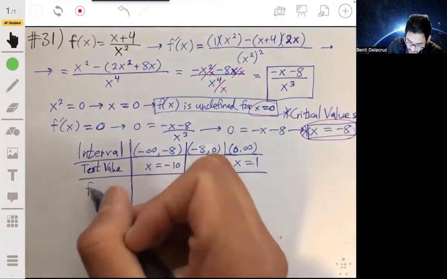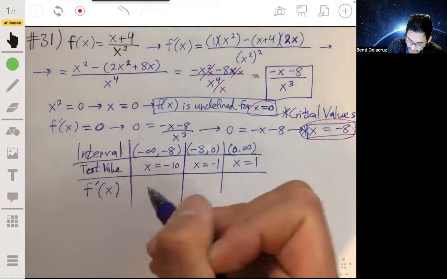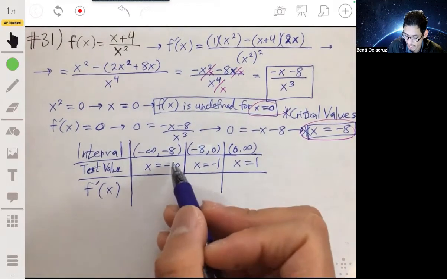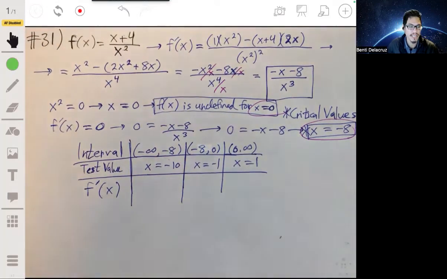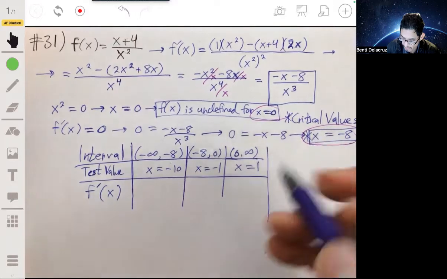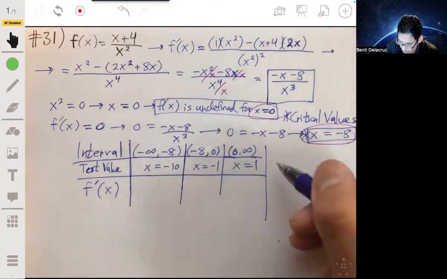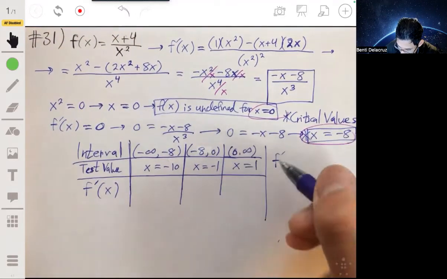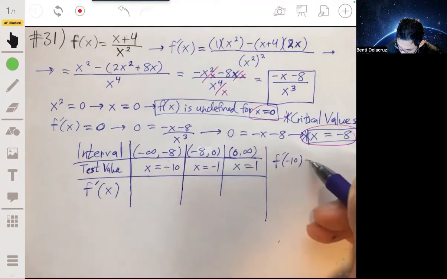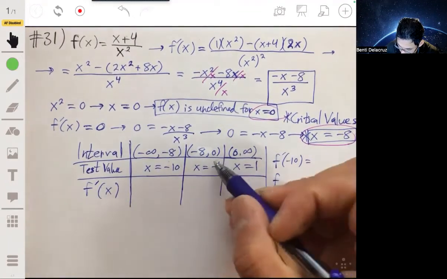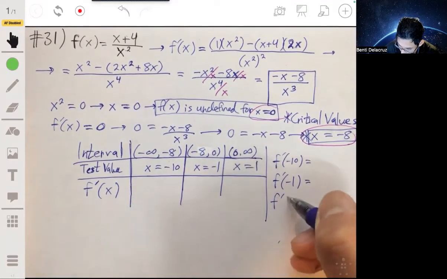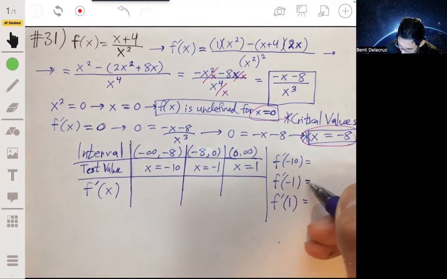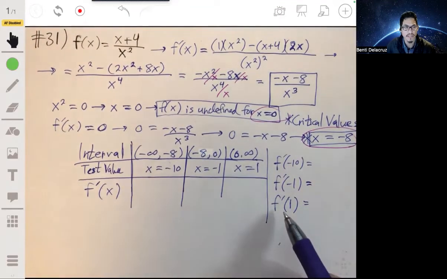Then I want to see what the sign of f prime of x is in each interval. All I need is a sign. So I'm going to evaluate f prime of -10, f prime of -1, and f prime of 1. Let's see what I get.